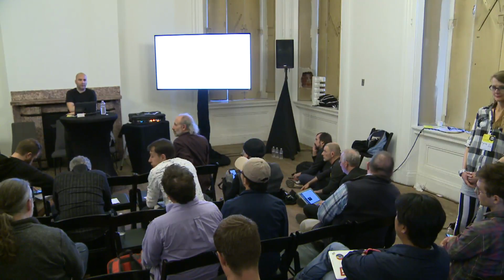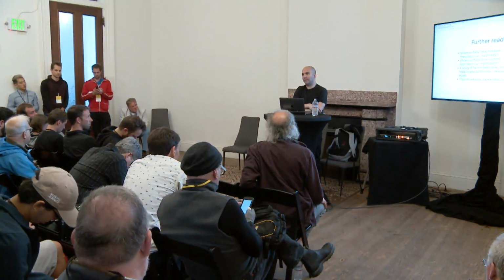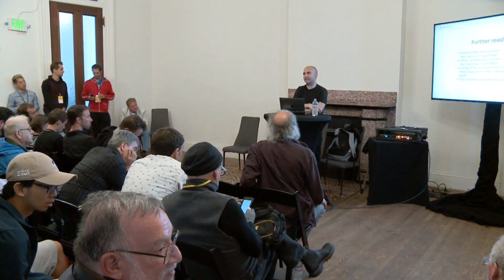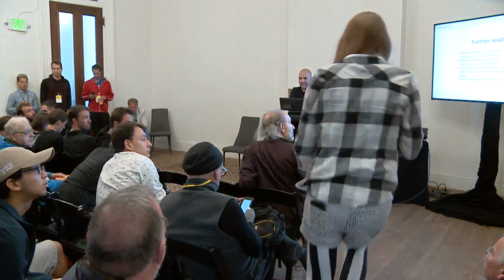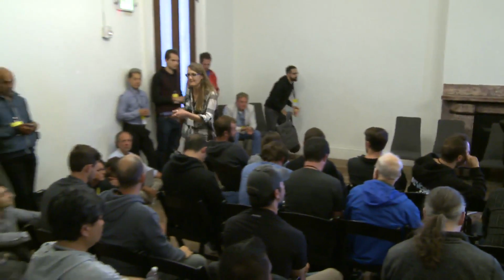Okay, maybe 2 more questions. So what's the difference between a proof of time and a proof of work? A proof of time is a strange and interesting type of proof of work that's non-parallelizable. Like general proofs of work, you can set up as many CPUs doing as many of them as you want.